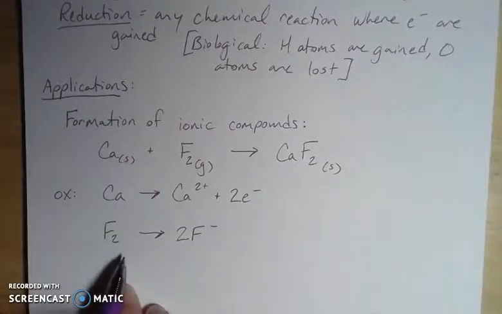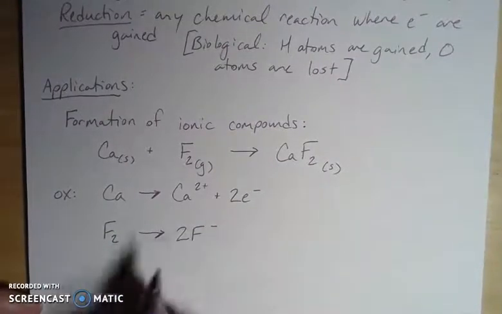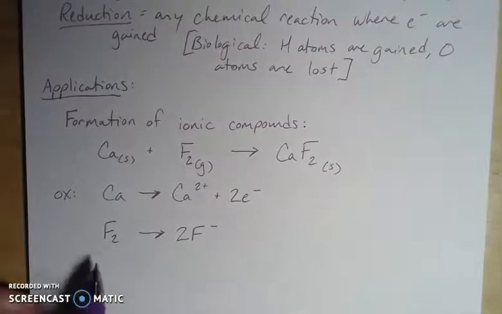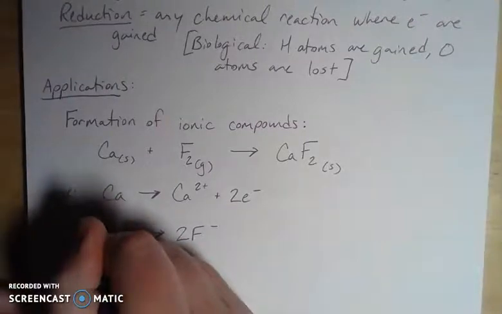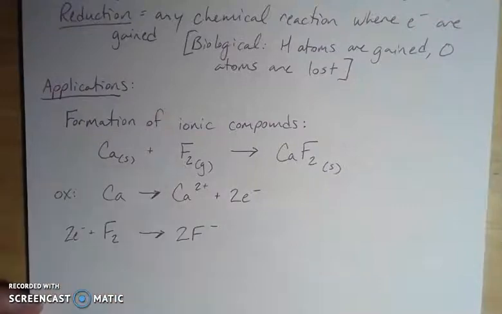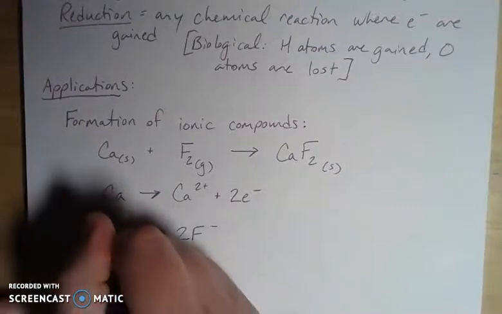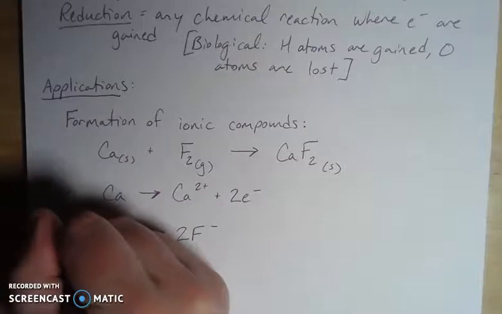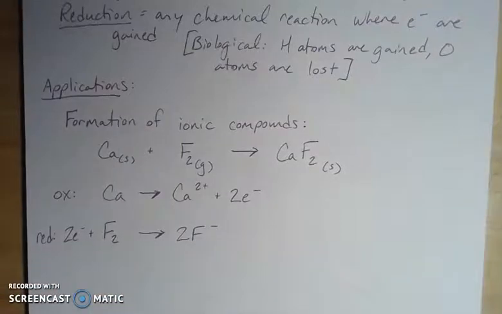And then these electrons have to go somewhere. They're going to get picked up by this fluorine, because my fluorine is getting more negative. So I could think about this as a gain of electrons here on my reactant side, which indicates reduction. And again, the terminology here is infuriating for many students, because reduction means that I'm getting more of something, which is counterintuitive.